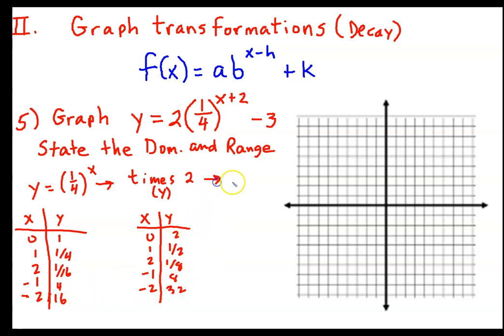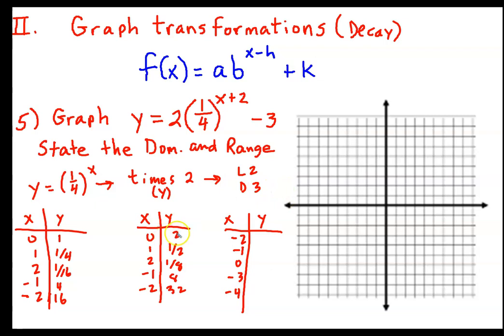And then my final table, the one that I'm going to graph, is going to show left 2, down 3. All right, so for left 2, I subtract 2 from the x's. 0 minus 2, 1 minus 2, 2 minus 2, negative 1 minus 2, negative 2 minus 2.